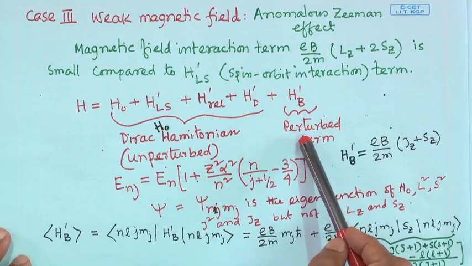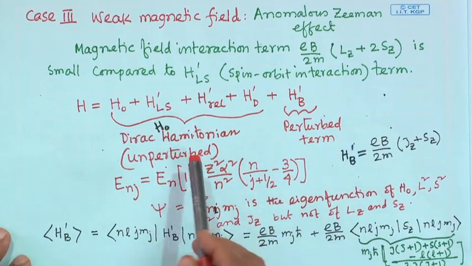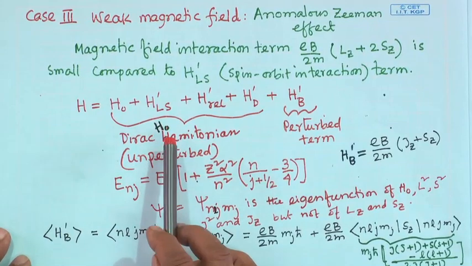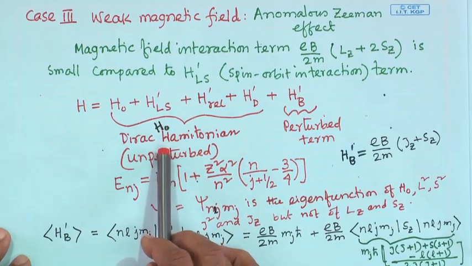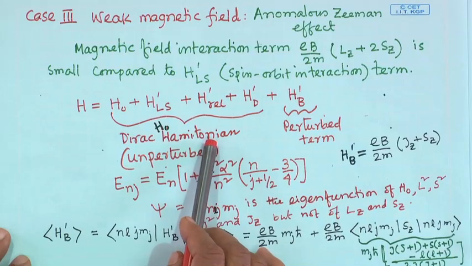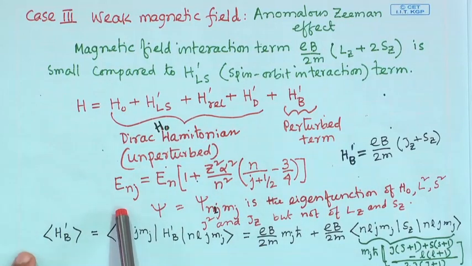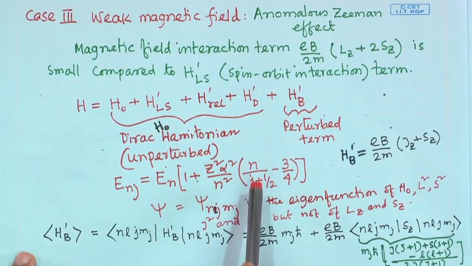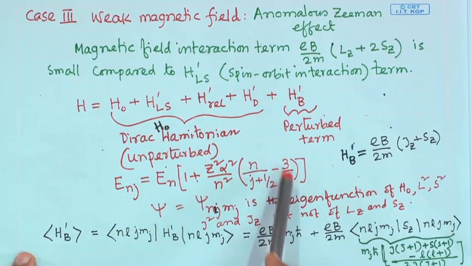Okay. Now, this is nice, because we have to know the solution of the unperturbed term. So, this is the Dirac Hamiltonian. So, we know the solution. What is the solution? Energy E n j equals E n 1 plus Z square alpha square by n square, n j plus half minus 3 by 4.